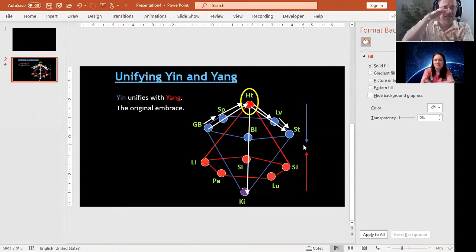But then the energy doesn't stay there in the stomach. It's creating the stomach expression, but then continues to flow beyond it to the lung. The lung is like Libra, the zodiac sign Libra. You're developing your relationships.